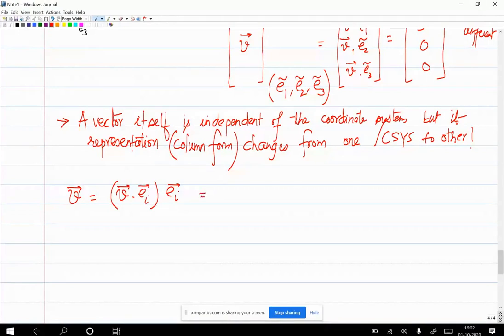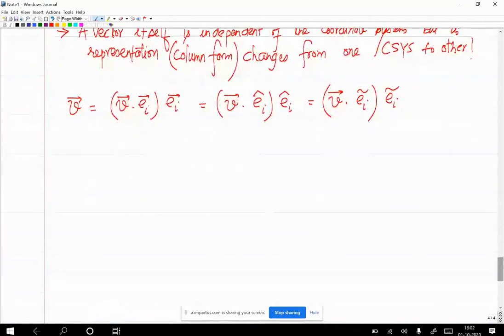And this is same as the vector V dot Ei hat into Ei hat. Okay? Which is also same as the vector V dot Ei tilde into Ei tilde. All right? Okay, so this is about vector.